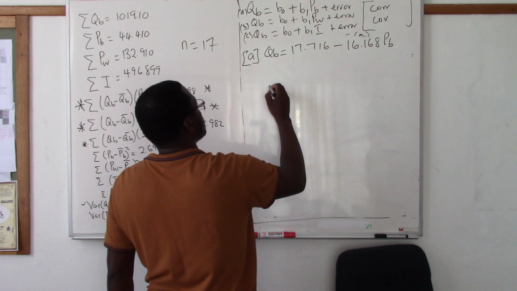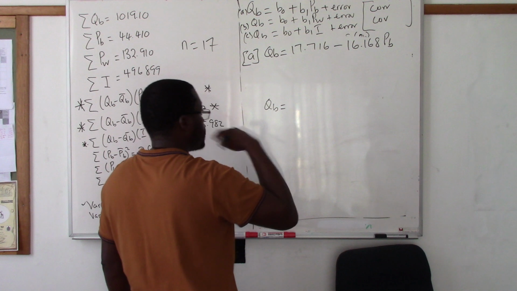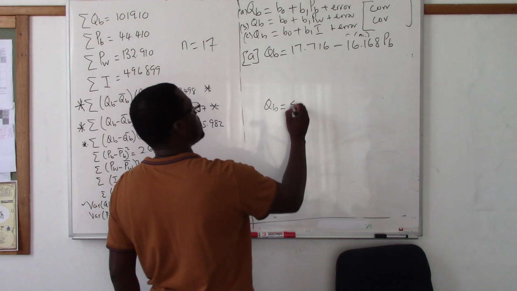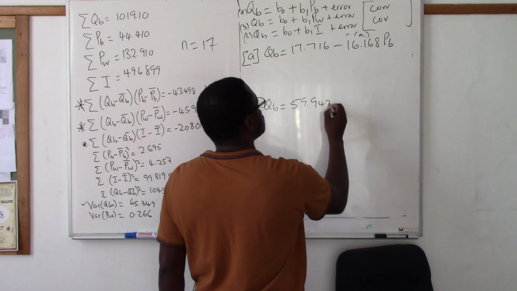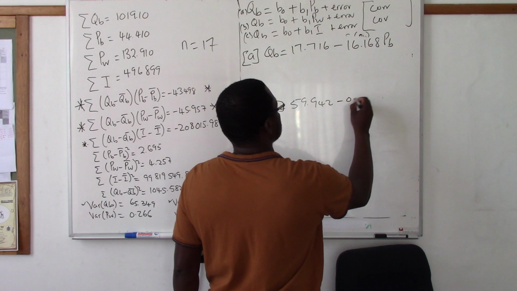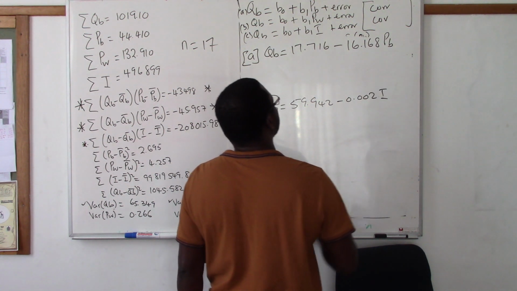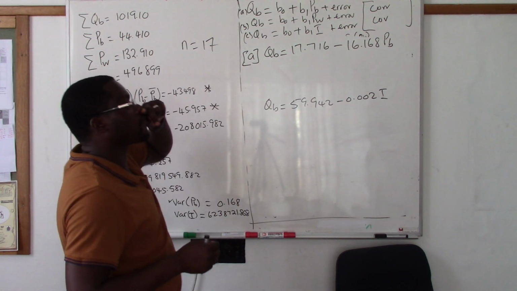In the other one, I will do the income one, QB was equal to 59.942 minus 0.002 income, right? Now, what does this number mean?